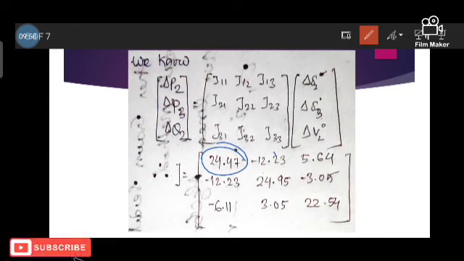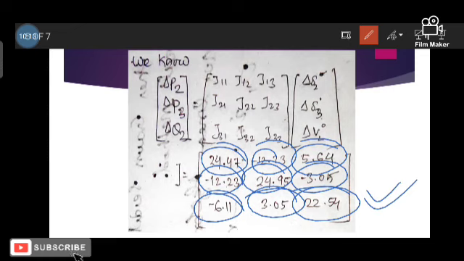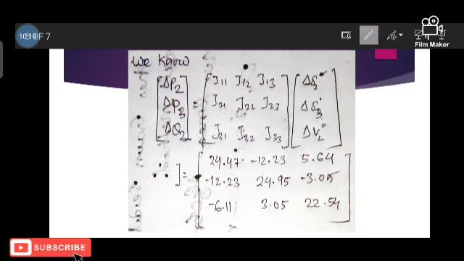Like that for J12 this value, J13 this value, J21, J22, J23, J31, J32, J33. So like that we have to form all these things. It is up to you to calculate all of these. So this is our Jacobian matrix.